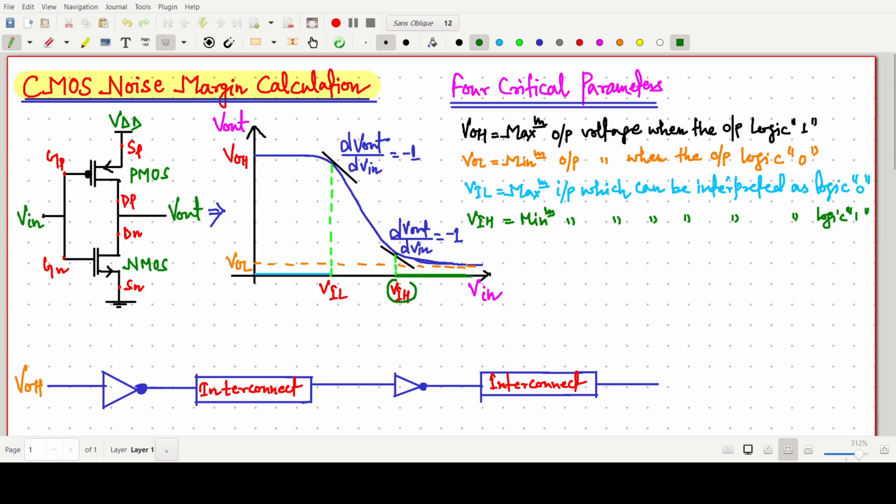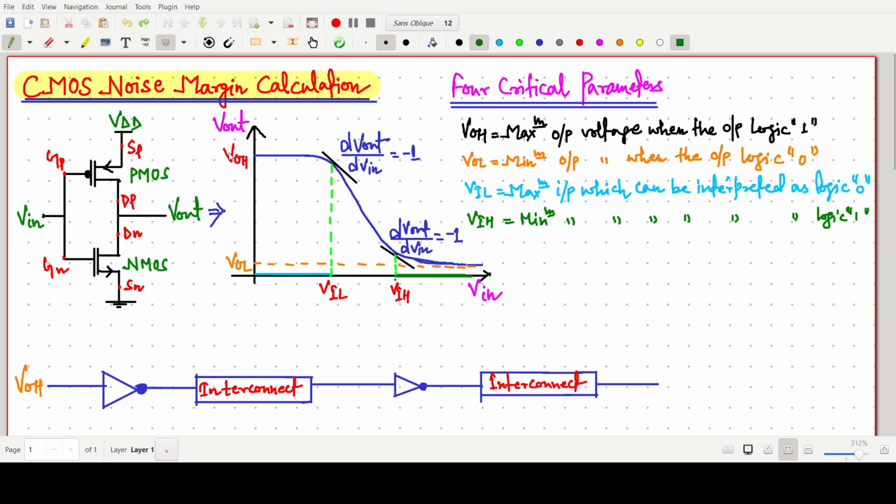That's why this one is VIH, the minimum input which can be interpreted as a logic 1. So these are the four critical parameters, and noise margin will be based on these parameters.